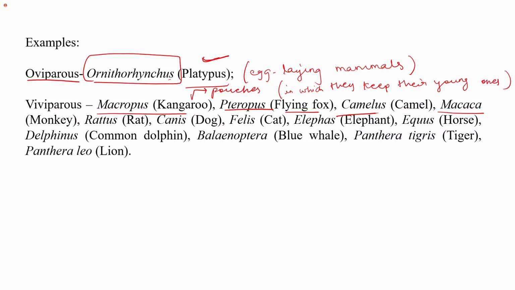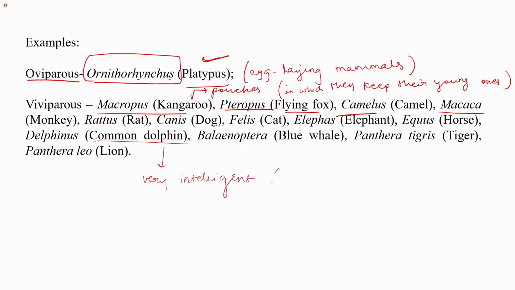Then we have Pteropus, the flying fox, Camelus, the camel, Macaca, the monkey, and Rattus, the rat. Then we have Canis, the dog, Felis, the cat, Elephas, the elephant, and Equus, the horse. Then we have Delphinus, the common dolphin. Dolphins are considered to be very intelligent animals.